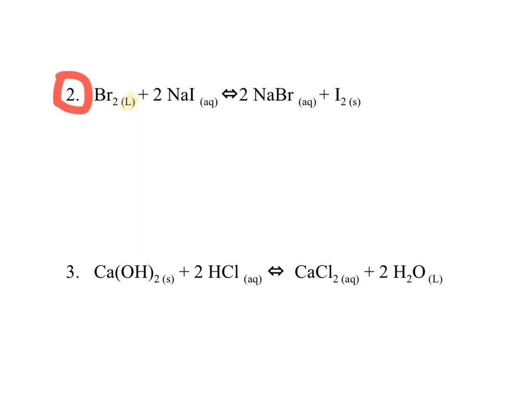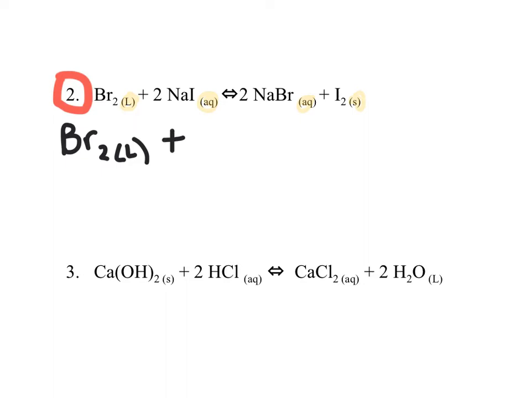We're going to break up anything that's aqueous into their respective ions, and anything that's solid or liquid we're going to leave the same. We're just going to rewrite those. So right off the bat we can start rewriting those. We're going to have Br2 as a liquid.